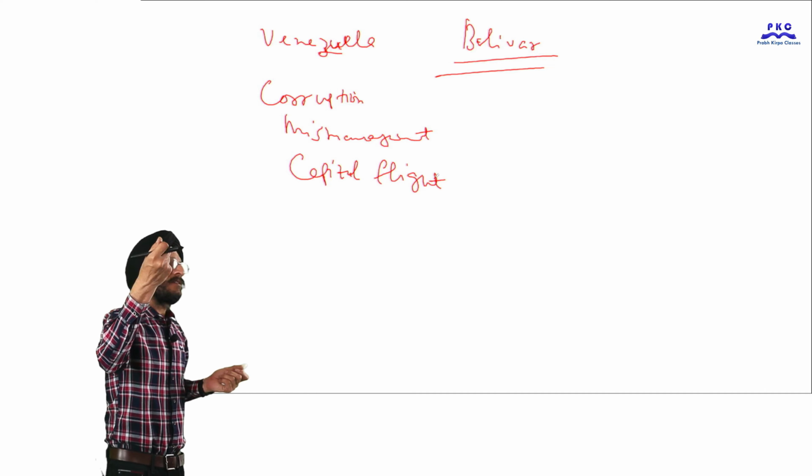Sometimes it happens that speculators believe that the value of a currency is likely to depreciate in the near future. Suppose the value of the Indian rupee is say 83 and it is equal to 1 US dollar.